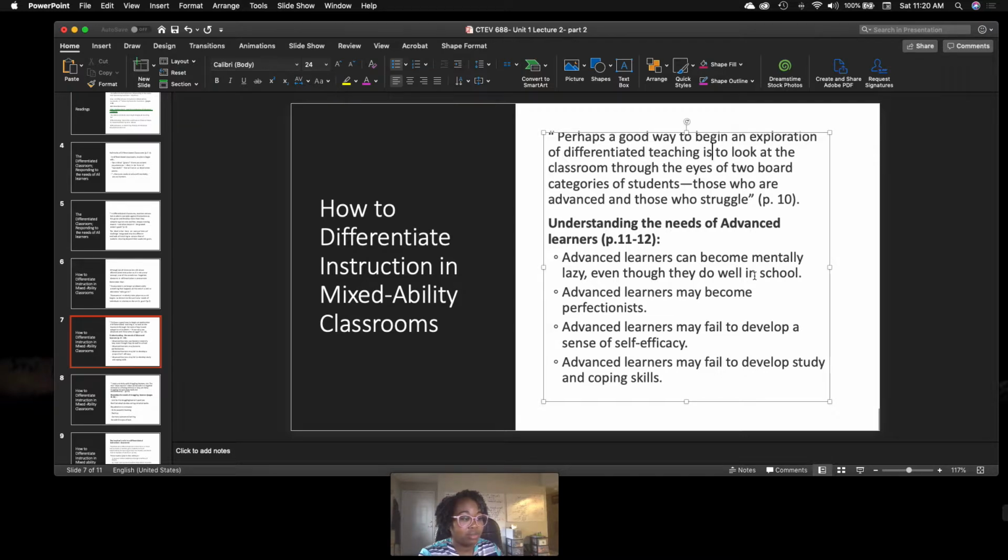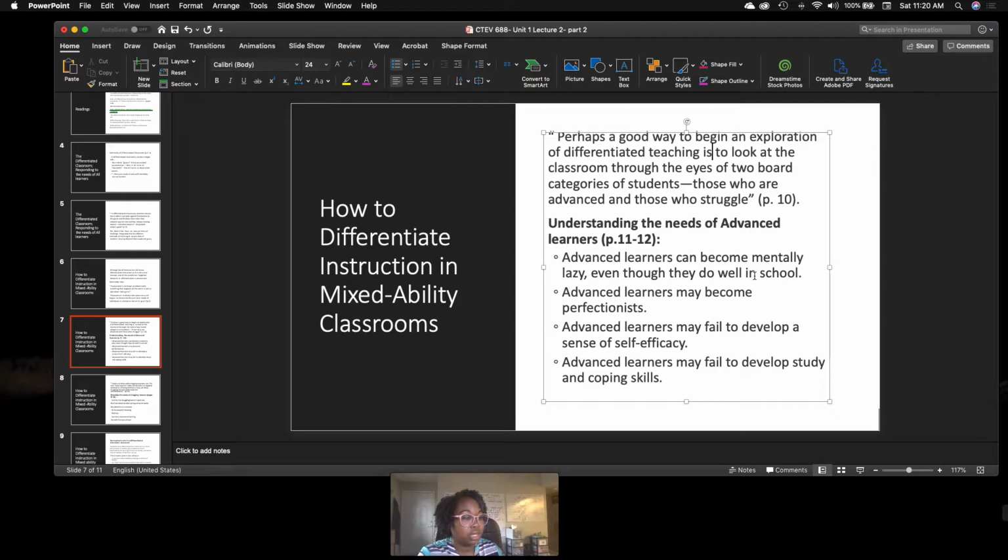Advanced learners may become perfectionists, meaning they may develop some unhealthy habits in how they're learning. So you want to make sure that, in the middle of trying to be perfect, they learn about the challenges of their learning and have opportunities to fail and succeed in their progress toward developing growth in the content areas. Advanced learners may fail to develop a sense of self-efficacy, meaning they may not develop self-regulatory habits that would allow them to set goals and meet them.